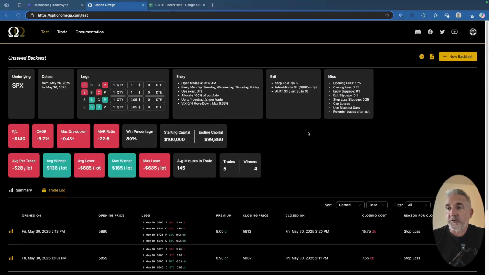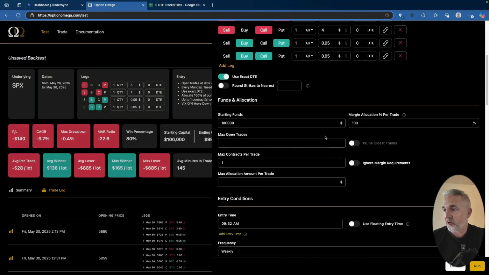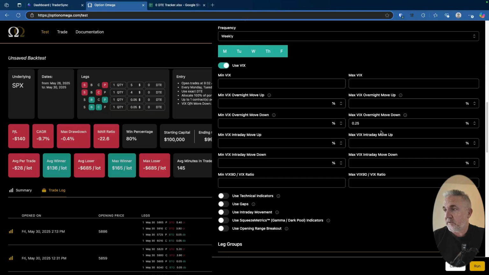And remember that there is a condition that it checks, both my bot and this backtester. And that condition, which I'll pull up right now to show you, is the max VIX overnight move down. So it has to be less than 0.25%.